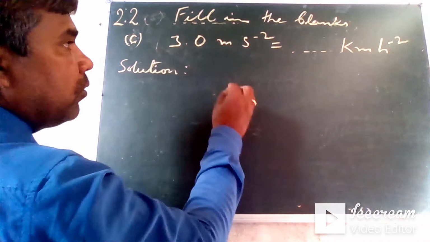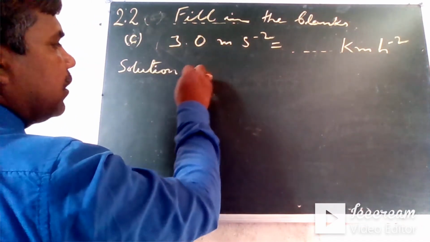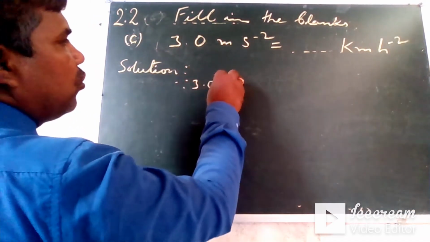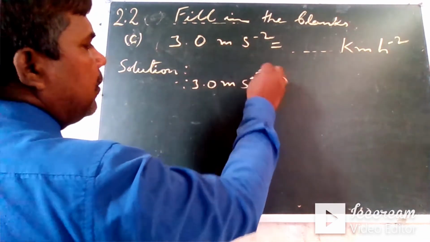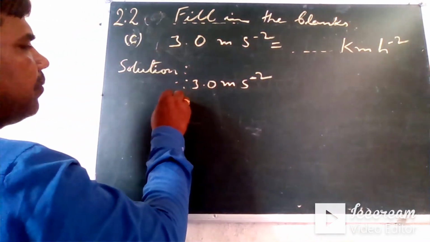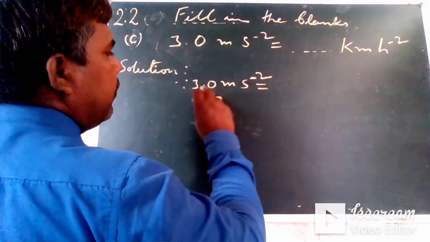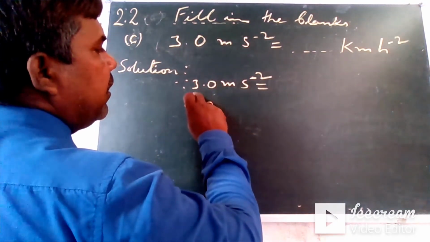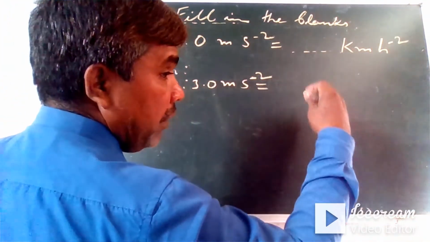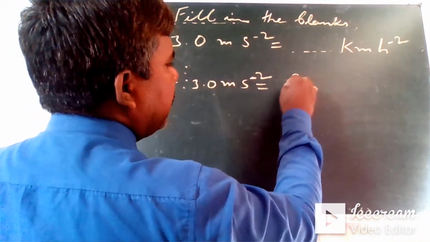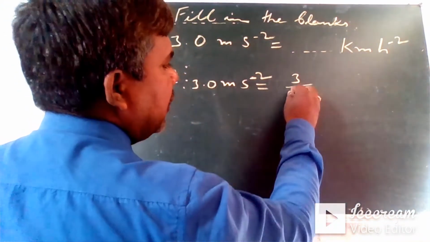How? Firstly, we will consider 3.0 meter per second square. This will be written as, if we change the meter into kilometer, we have to divide by 1000. So it will become 1000, meaning 10 to the power 3.